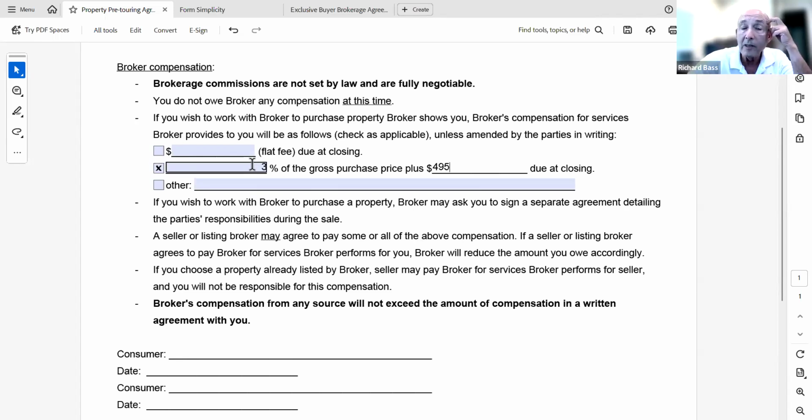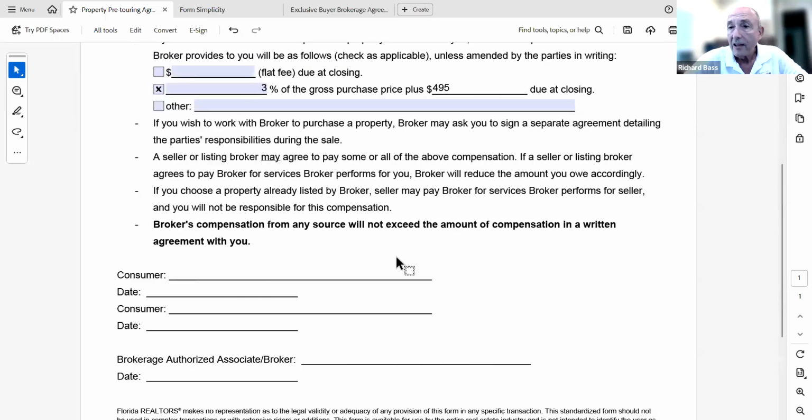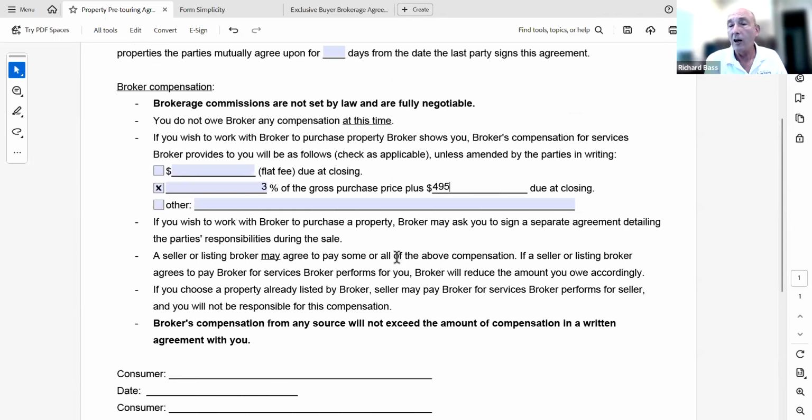So while the agreement is that we are charging the buyer a commission, it's letting them know that we might be collecting some or all of that commission from the seller or the seller's broker. They're basically signing this. This meets the letter of the law, what the requirements are that we disclose to a buyer, that we're working with a buyer, we're getting paid from them.